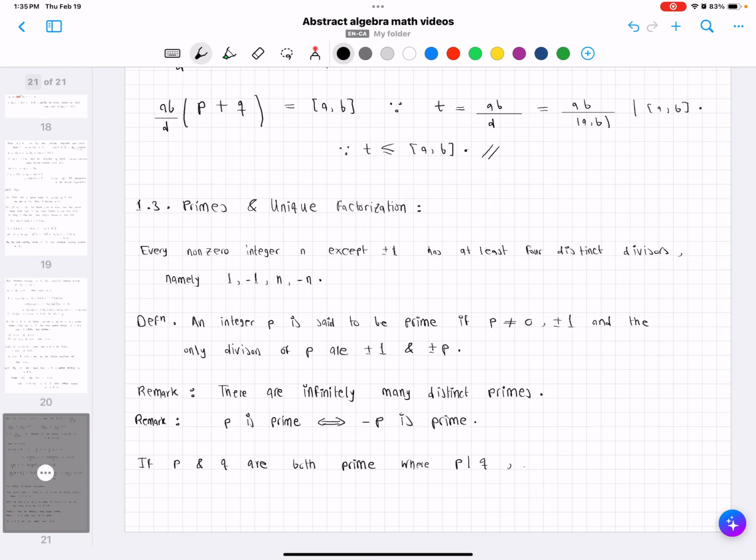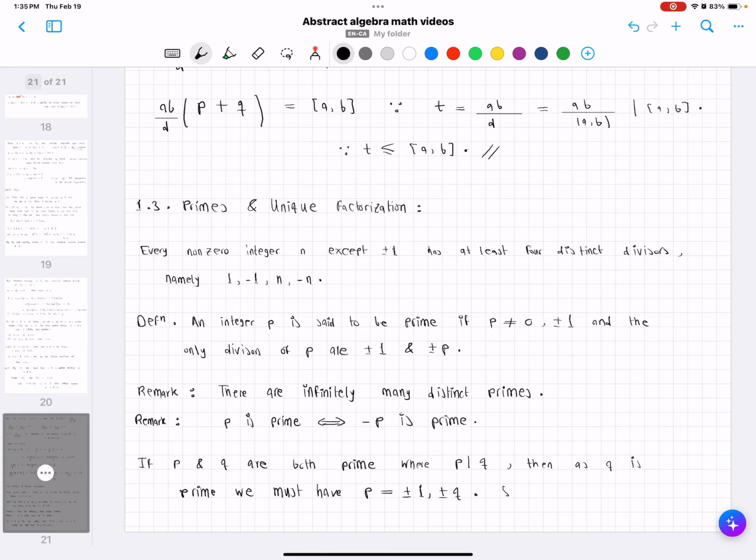So as q is prime, we must have p equal to plus or minus 1, or plus or minus q, and that's it.